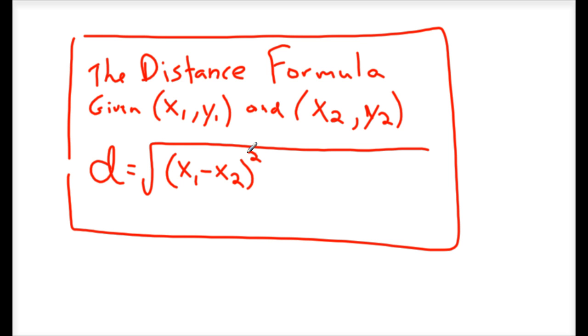You're going to subtract your x's and square it. Plus, start another set of parentheses. Okay. You're going to do y1 minus y2 quantity squared.